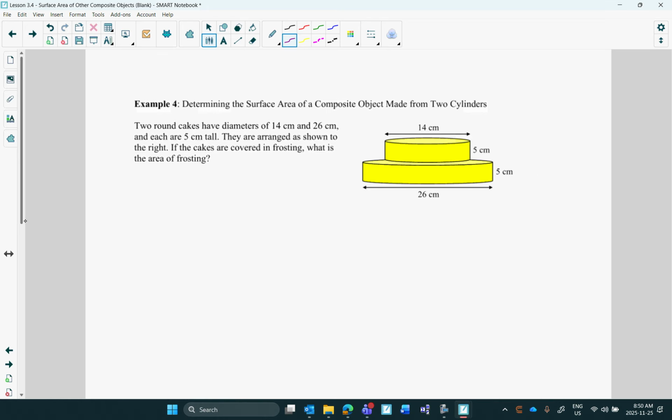Okay? And we're going to cover it in frosting. The question is, how much frosting do we use? Now, I know this doesn't make much sense, but let's assume that we frost the bottom too. Even though we probably wouldn't do that.